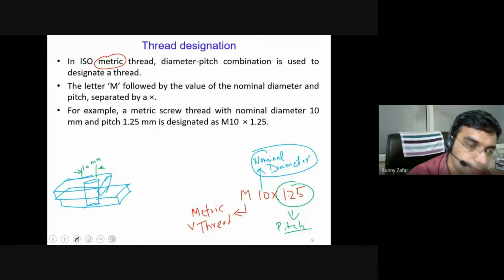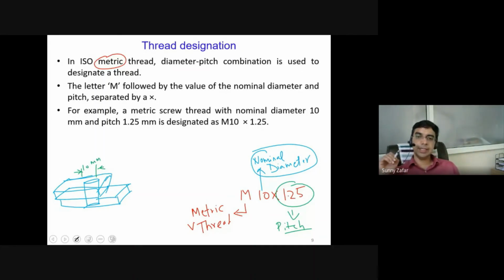So you cannot use this M10 in an 11 or 12 millimeter hole, because it will be loose. It will not create a tight joint, the joint efficiency will reduce, and it may also cause failure of the joint. Of course, it is obvious that if the diameter is higher, then it cannot go inside that hole.